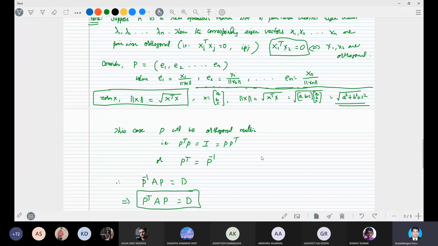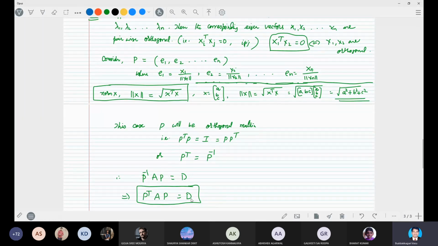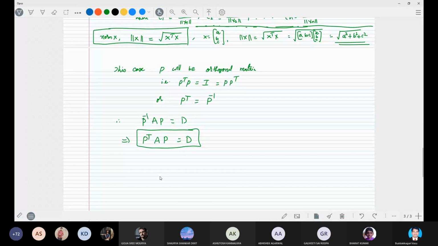If P is orthogonal, then P transpose AP is equal to D. Understand? Yes, sir. In such a case, we can solve the diagonalization problems. So we will see here how we can diagonalize that.